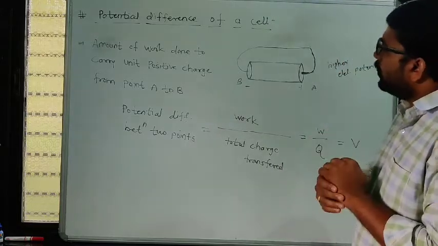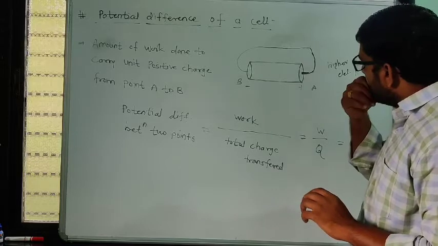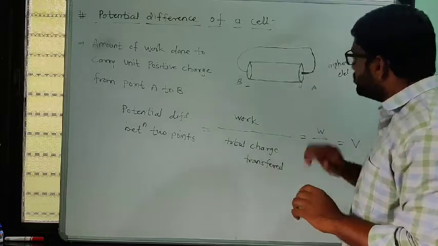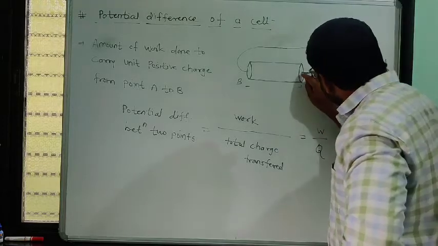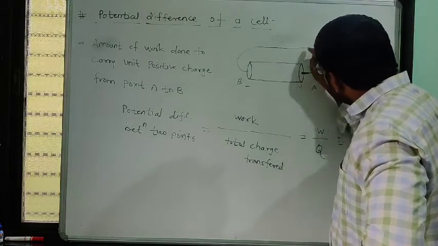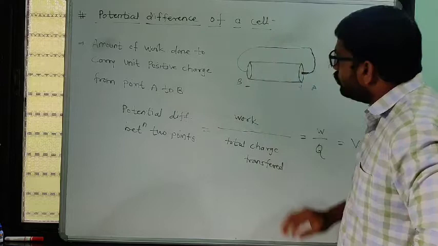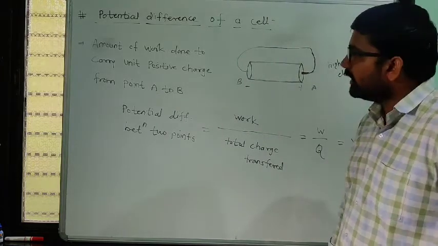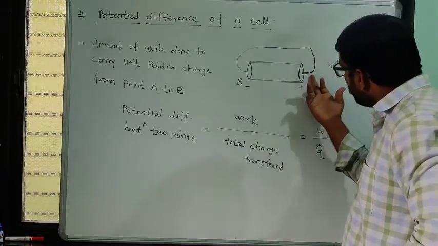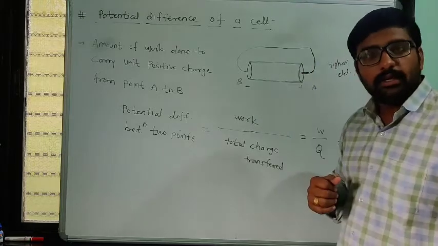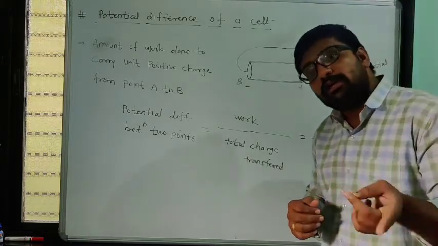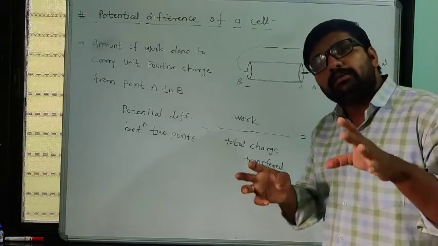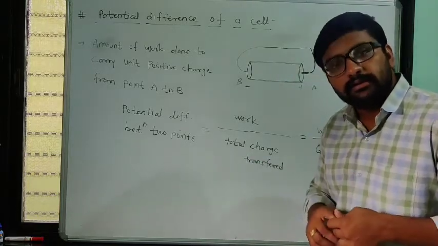Now, if we consider one positive charge at this terminal and it goes from point A to point B, somewhat work is done, because motion of charges takes place, and motion means some work is done there.